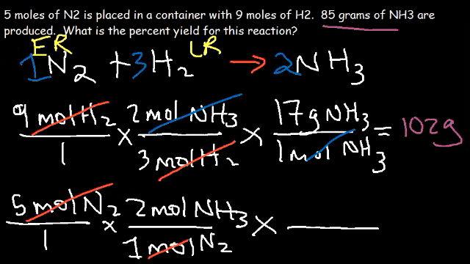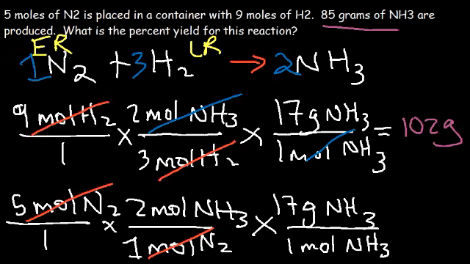Now the molar mass of NH3 is going to be the same. It's still 17. And so it's going to be 5 times 2, which is 10, times 17, and that's 170.